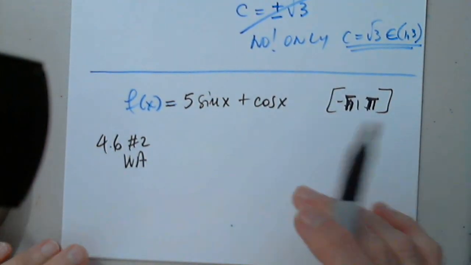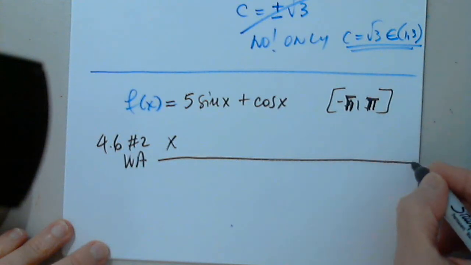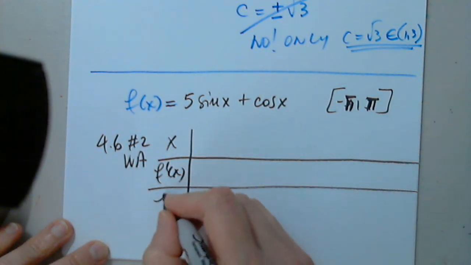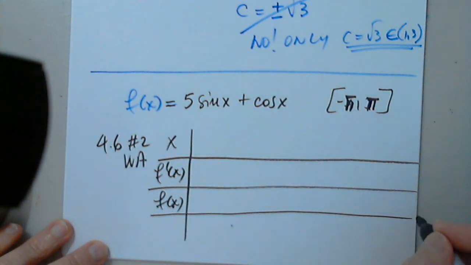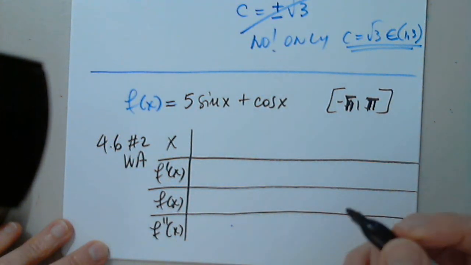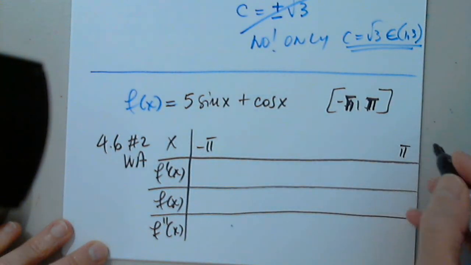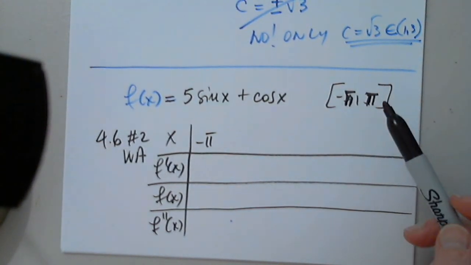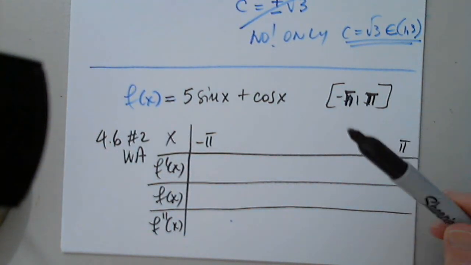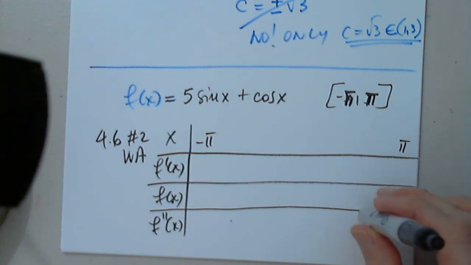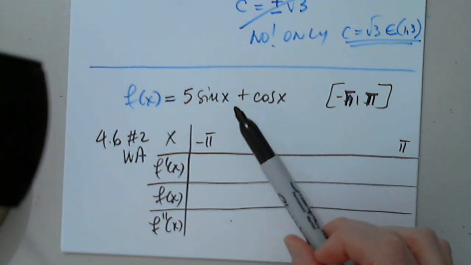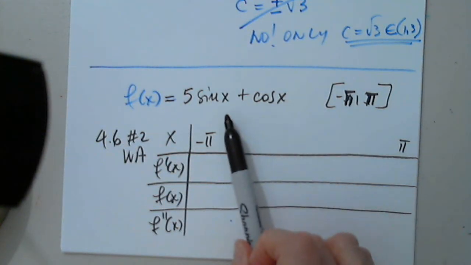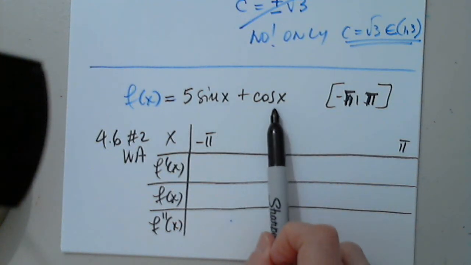Okay. And we're asked to graph? Exactly. Okay, perfect. Another messy one. At negative pi, this is 0, this is negative 1.